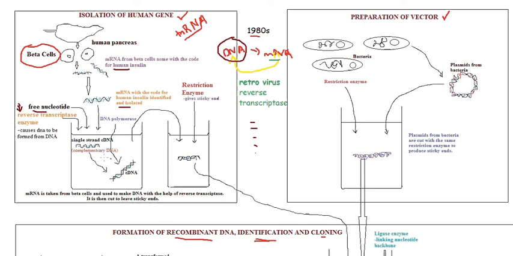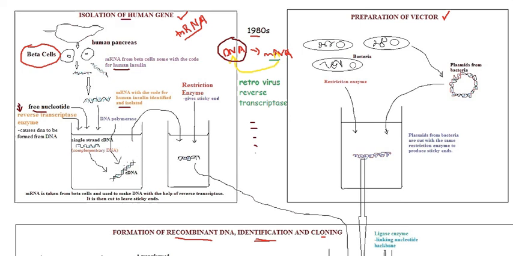So from a single strand of RNA we get a single strand of complementary DNA, and then this complementary DNA replicates and forms two strands of DNA. So this is the first thing: we are isolating the human gene and getting our complementary DNA.